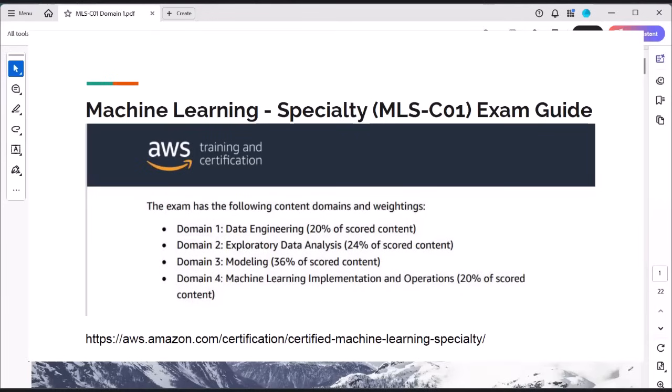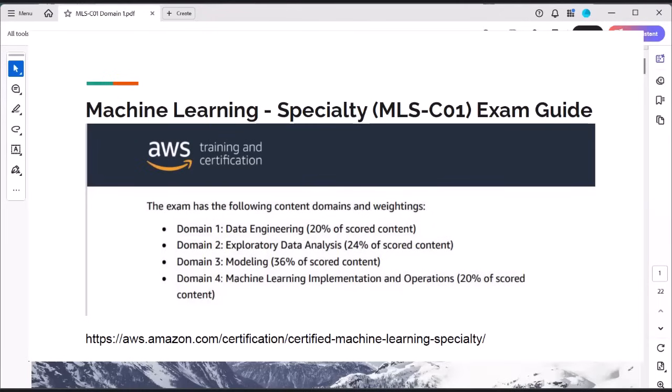If you think about it, it's built like a building. The first 20% covers data preparation and processing because that's the first thing you do. You have to prepare data. Then the second domain is exploratory data analysis. That's the second thing you do. You explore your data, we'll focus on feature engineering, and we'll talk about a lot of those.